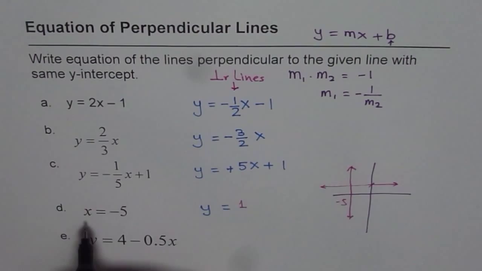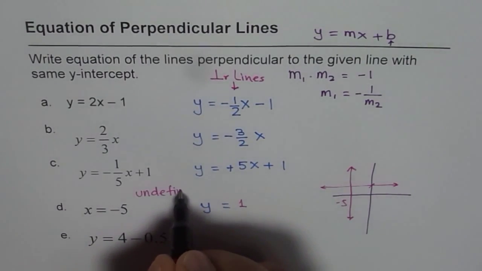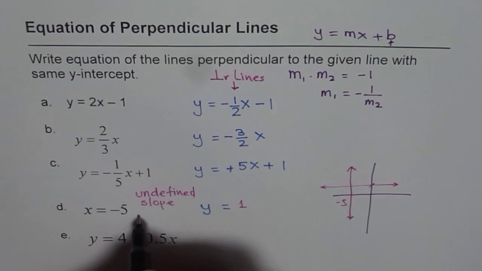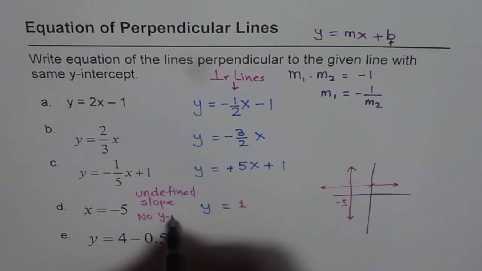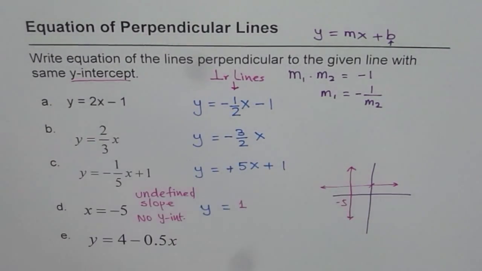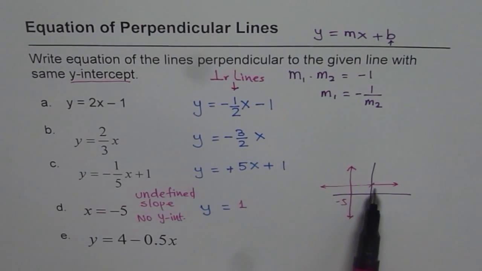Even if I say y equals 1, it will be a line which is definitely perpendicular, but the y-intercept is 1. X equals minus 5 has undefined slope, and no y-intercept, right? So we cannot definitely make this rule come true. So it is not possible to write an equation which is perpendicular to this line and has the same y-intercept, since perpendicular line will have a y-intercept, right?